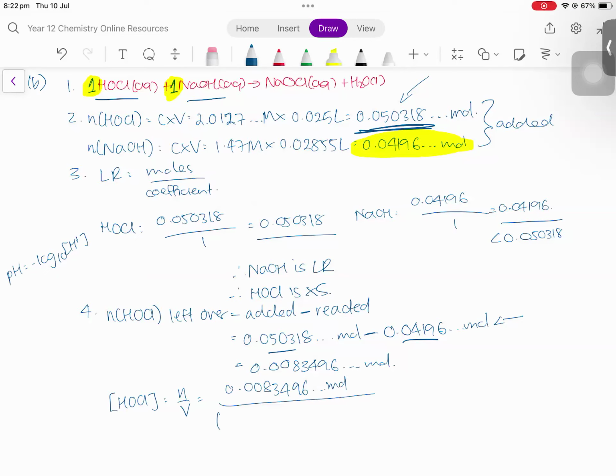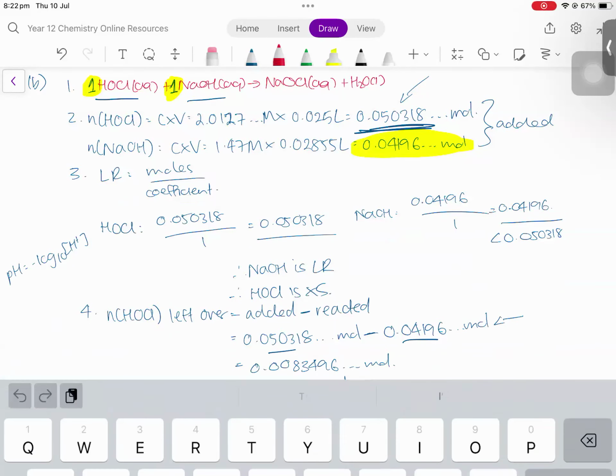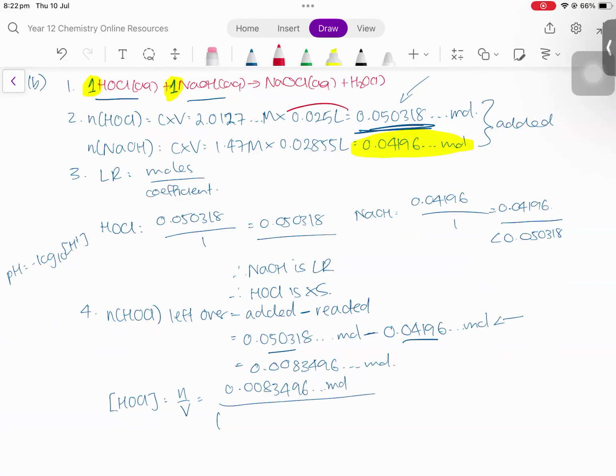At this point in the question, I've mixed my acid and base together. So when I divide by the volume, it's going to be the total volume of the mixture. It was 25 mL of the acid and 28.55 mL of the base. The total volume is 0.025 plus 0.02855 liters.